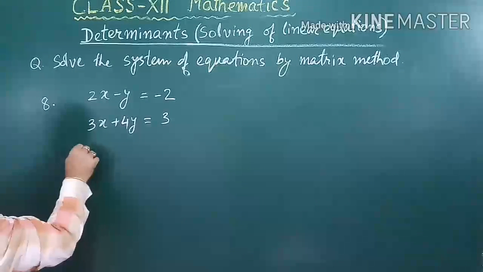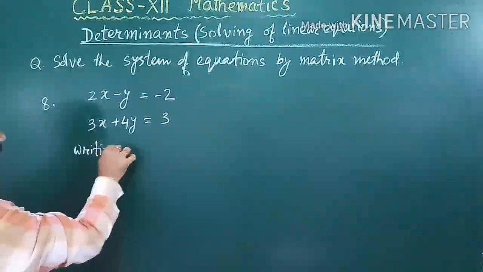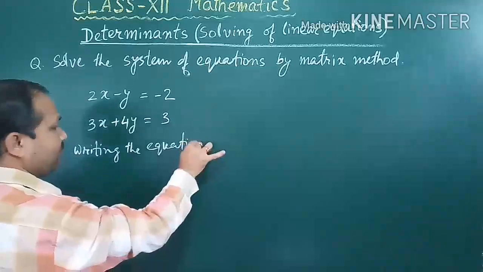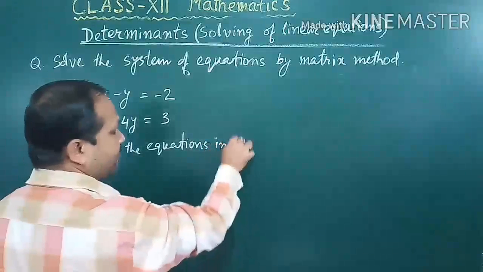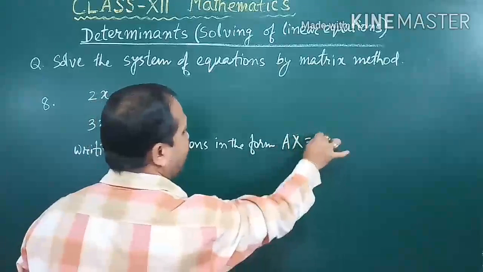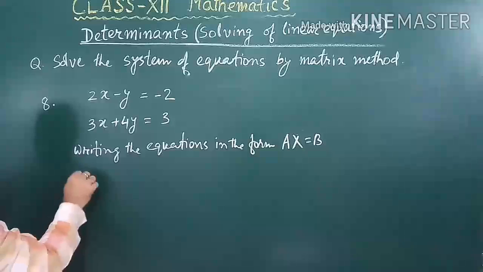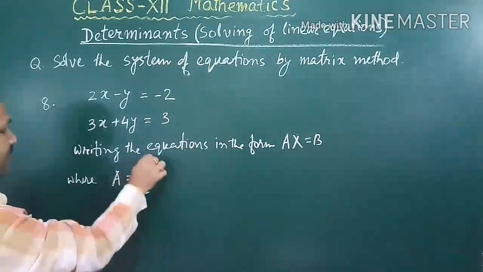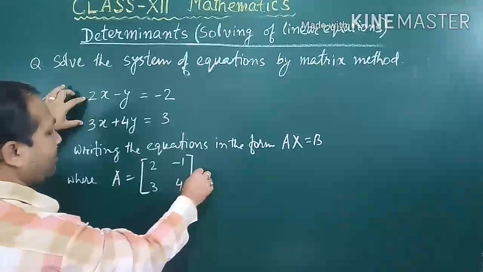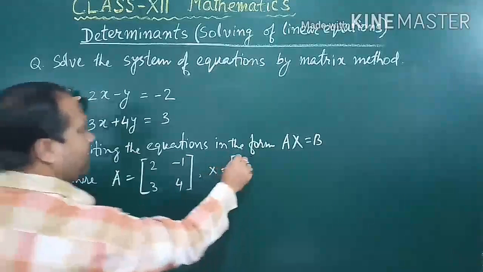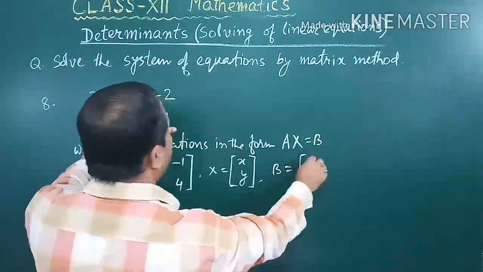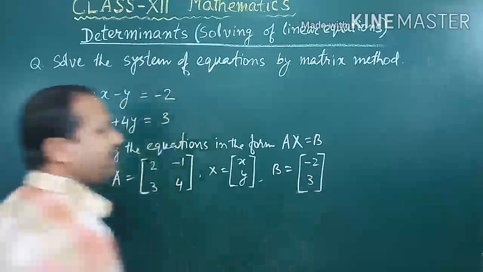So, writing the equations in the form AX is equal to B, where A is equal to which matrix? 2, 3, minus 1, 4, and X is equal to x, y, and B is equal to minus 2 and 3.